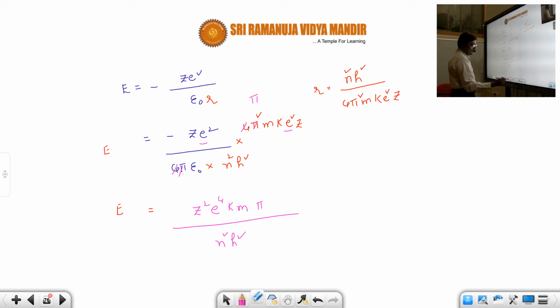Energy is considered with 8, that's why 8 pi epsilon, right? Agreed? So when it is 8 pi epsilon, 2 will be there here. Agreed or not? So here 2 will be there, so you get 8 pi epsilon. Agreed? Now I hope you will be getting 2.